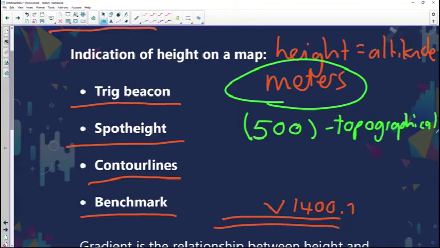And if you calculate distance to get your answer in meters on an orthophoto, you multiply it by 100. So if you look at gradient, we want to see over which distance the gradient increases. Keep this in mind: when we calculate meters on a topographical map, 500; on an orthophoto map, 100.